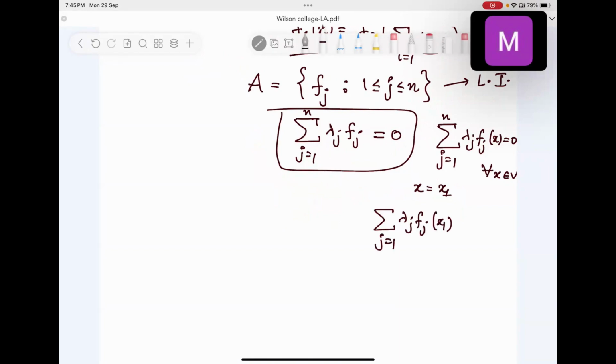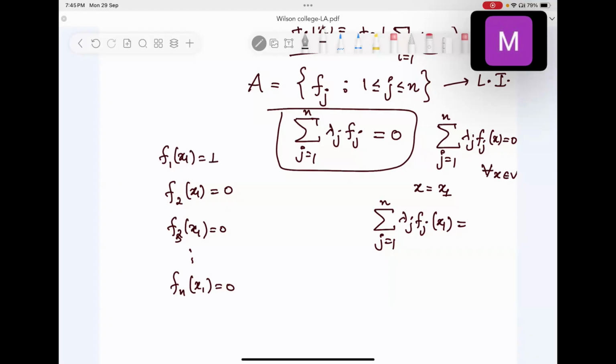j equals 1 to n, will be equal to, for f2 at x1 it is 0, for f3 at x1 it is 0, like this fn at x1 equals 0, and f1 at x1 is 1. So this equals lambda 1, and this equals 0, so lambda 1 equals 0.